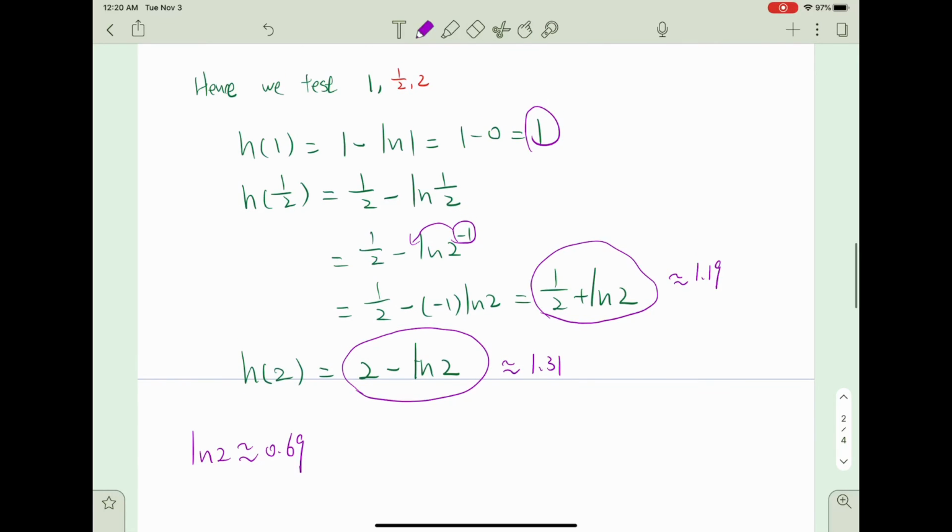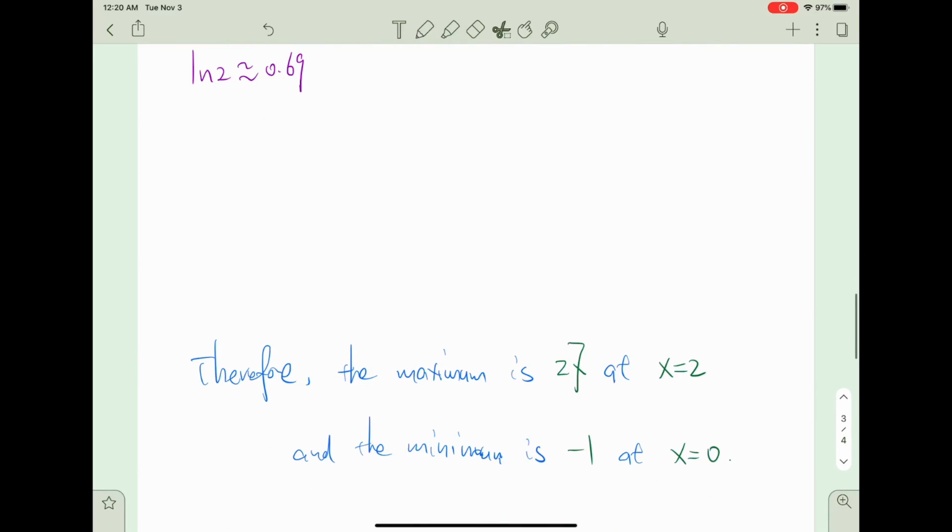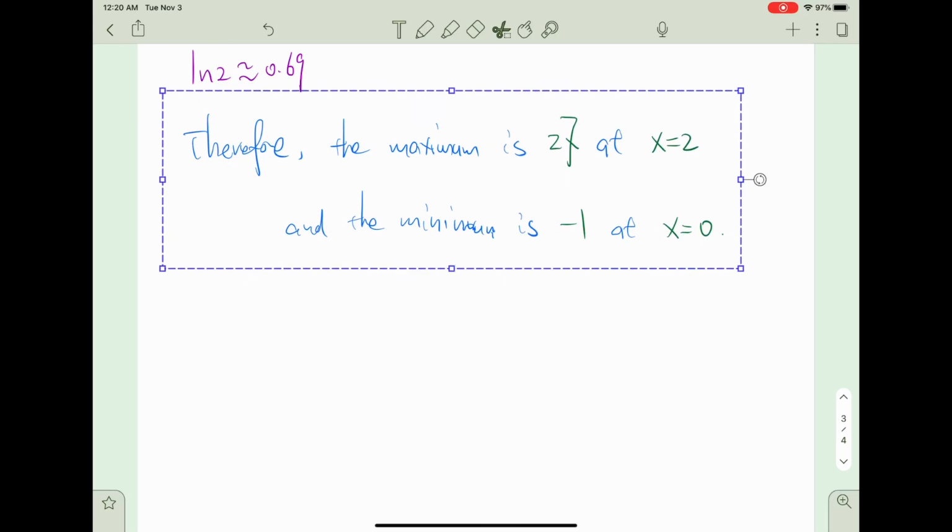And this is 1. So we see that the maximum value here should be 2 minus ln of 2, and the minimum value here should be 1.